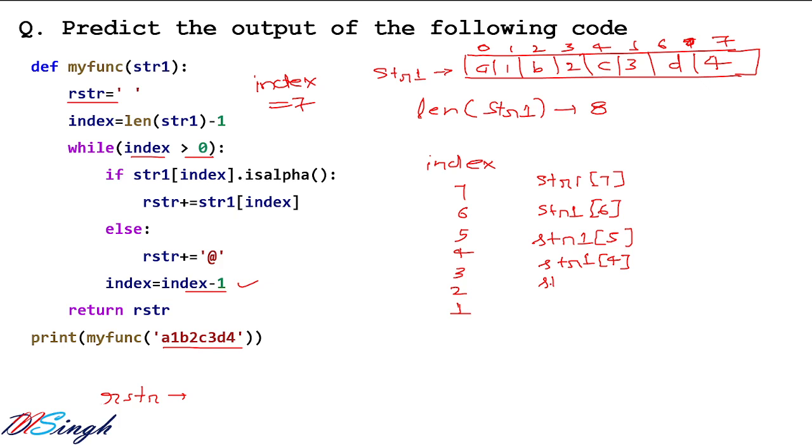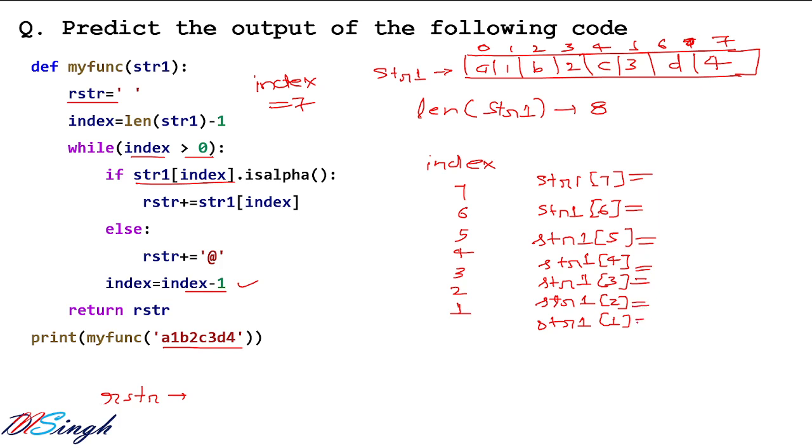After that, I am writing the loop iteration, how it will iterate: str1 of 3, str1 of 2 and str1 of 1. So where are these values coming from? Because we have str1 of index and index values are changing, so these are also changing. Let me see what values are present here.